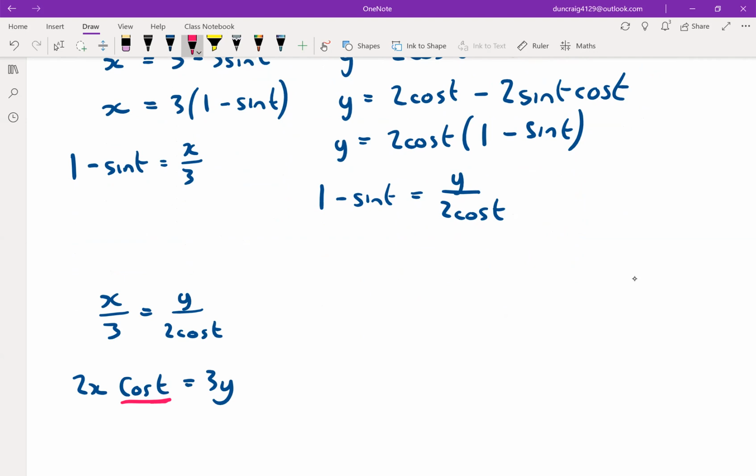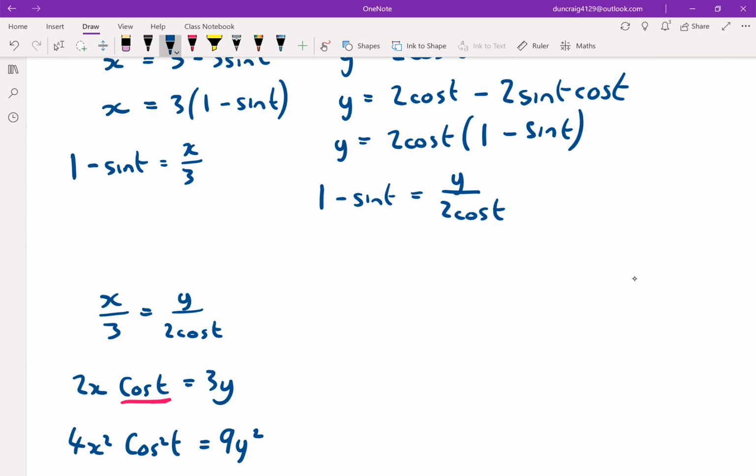So looking at this, I might be able to get myself a formula, sine squared plus cos squared is equal to 1. So let's go ahead and square everything in this one here. If I square everything, I'm going to get 4x squared cos squared t is equal to 9y squared.